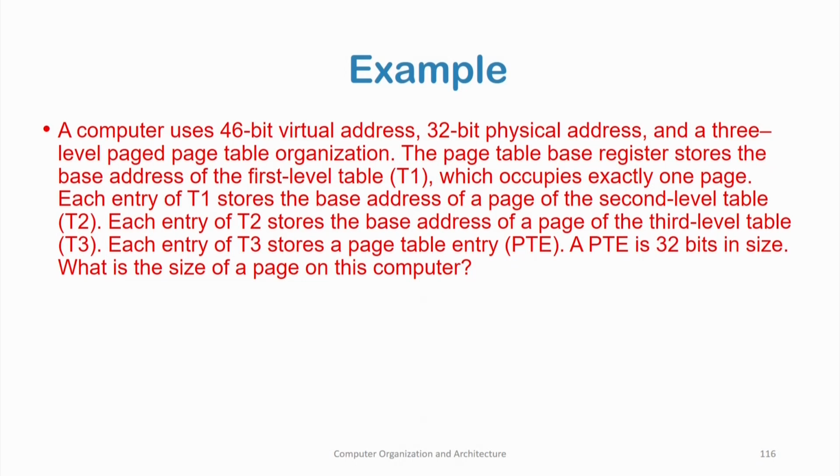A computer uses 46-bit virtual addresses, 32-bit physical addresses and a 3-level page table organization. The page table base register stores the base address of the first level table T1, which occupies exactly one page. This is important. The first level page table occupies exactly one page.